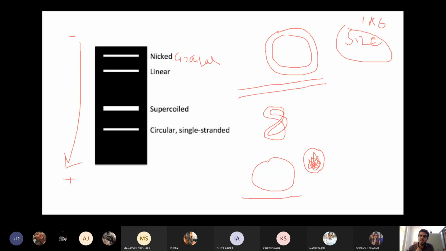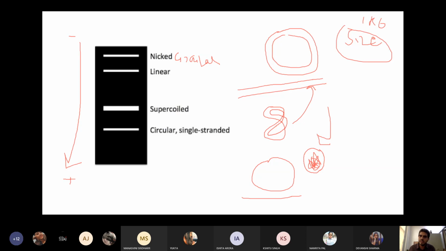So now when you are supercoiling it, its real size is going to become less. Now you can say, sir, this property can be with everyone. Yes, the double stranded one can also do this, as we mentioned in the case of the single stranded one. In the single stranded one, as I mentioned, steric hindrance is not there.